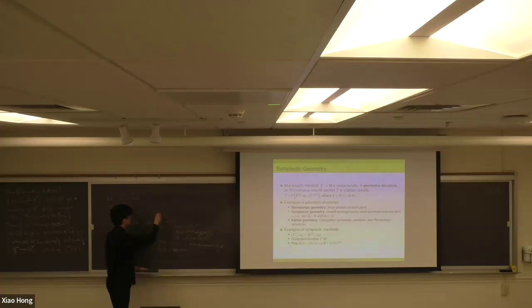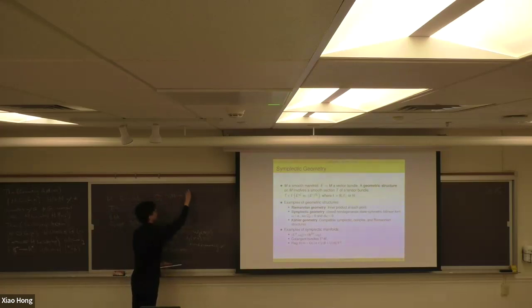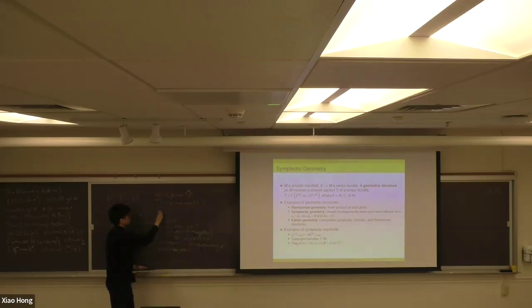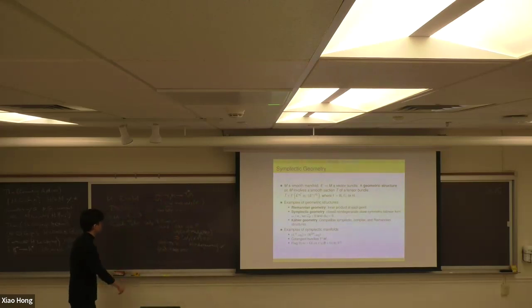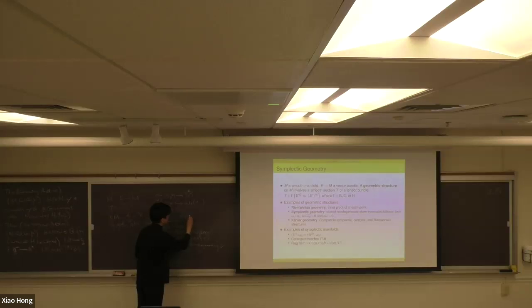This means this map is injective, that is, its kernel is 0. And to add some global robustness to this structure, we also require this form to be closed, so the exterior differentiation of it is 0.